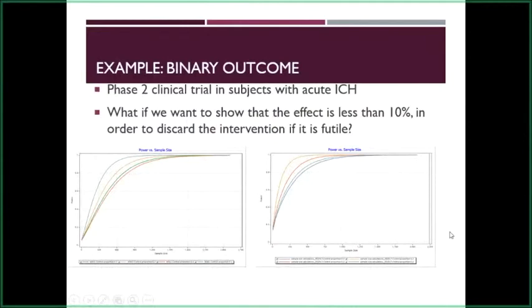Okay, so again, there are some other ways that you can think about framing your hypothesis that might allow you some sample size savings. And if you're in this scenario, you should feel totally comfortable talking to your statistical collaborator about what those options might be.